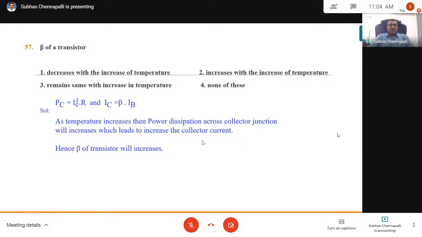So collector current is beta times IB, and when the temperature is increasing, collector current is increasing. So beta will increase. Generally, since no additional data is given here, assume IB is constant. So when IC increases due to variation in temperature, beta increases. So the answer is that beta increases with increase of temperature. Option 2 is the answer.